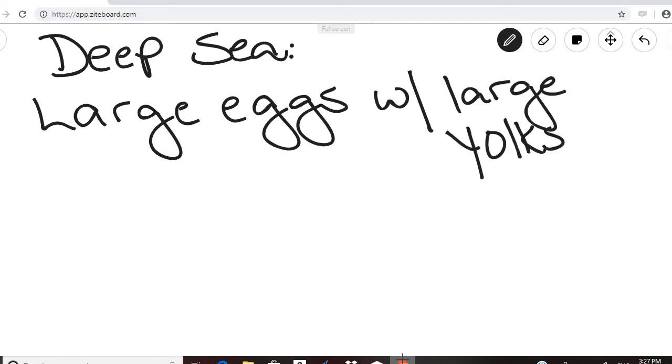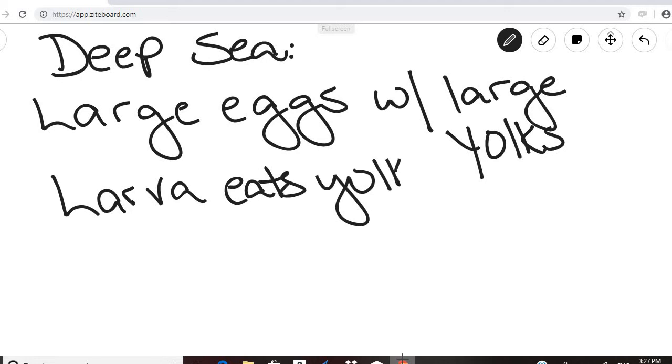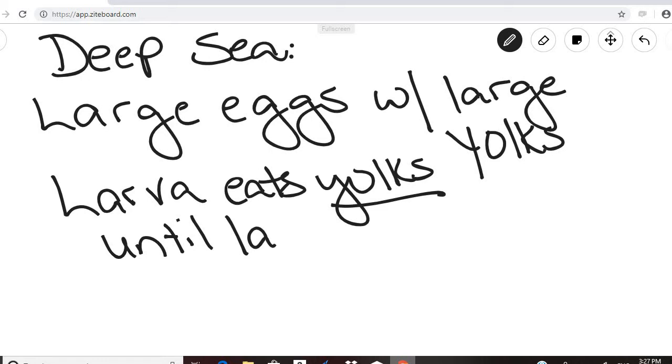So the larva will eat that yolk until they are big enough to eat bigger creatures. So it's a way of sustaining life for a longer period of time before they need to try to find larger animals to eat.